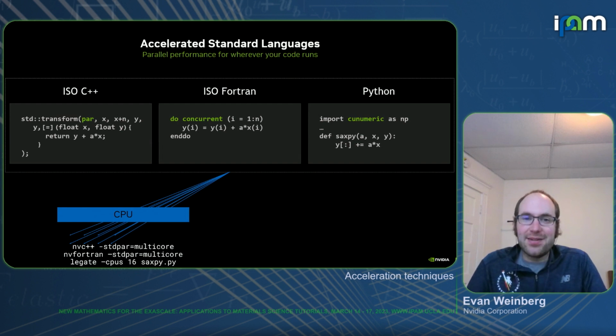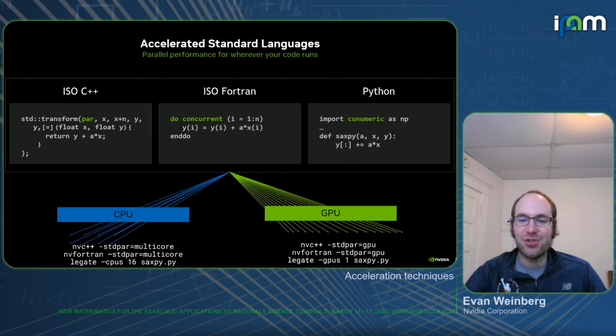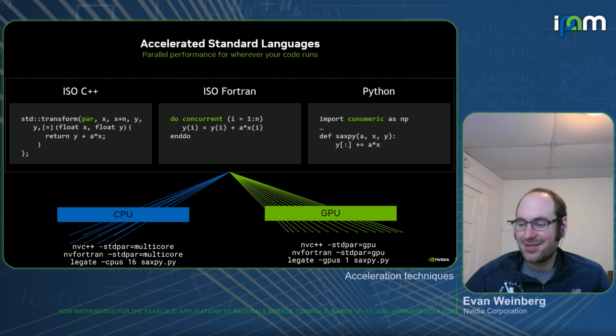So you can write the same code wherever, and you can modify something on your command line when you compile, something Raul will be talking about later, and you can say, run this on the CPU. And then you change a single flag, you say, parallelize on the GPU instead of on multiple cores, otherwise the same, and the same exact code runs, which is great, everyone's happy, everyone wins.